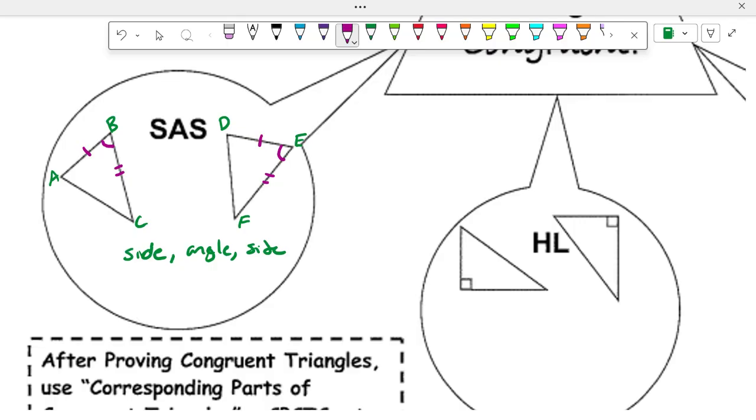So the way I think about it is that if I literally went in order of what's congruent all the way around, so like let's say I start with this side here, it'd be side, angle, side. So we could say those triangles are congruent because of side, angle, side.